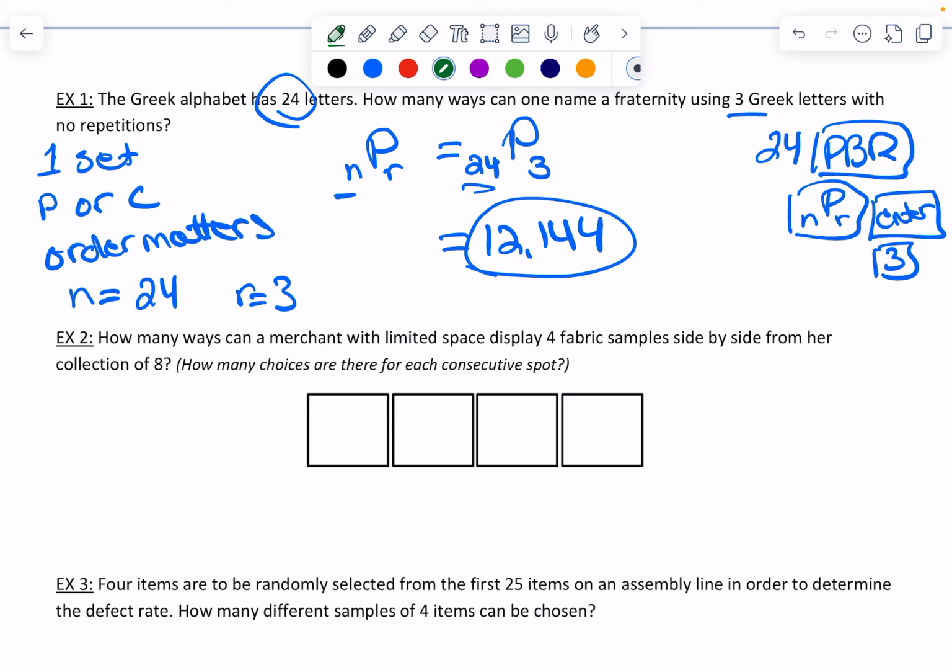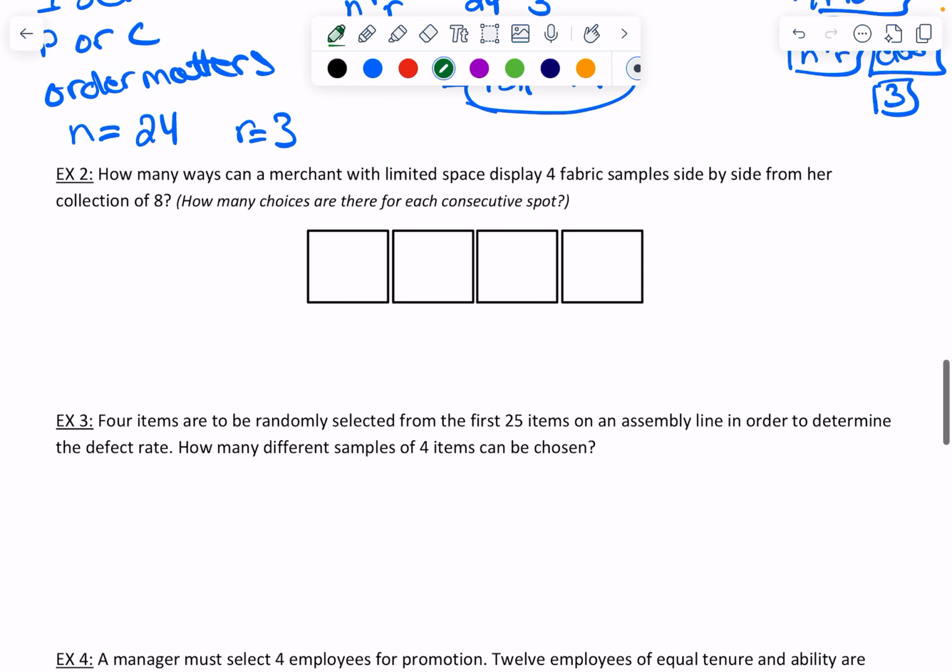Next, example 2. How many ways can a merchant with limited space display 4 fabric samples side by side from her collection of 8? So how many choices are there for each consecutive spot? That's what this is asking. We're going to start with 8. Next one is going to be a 7 because we picked already that 1. Then we subtract 1 from the 7. We've got 6 left, and we've got 5 for the last one.